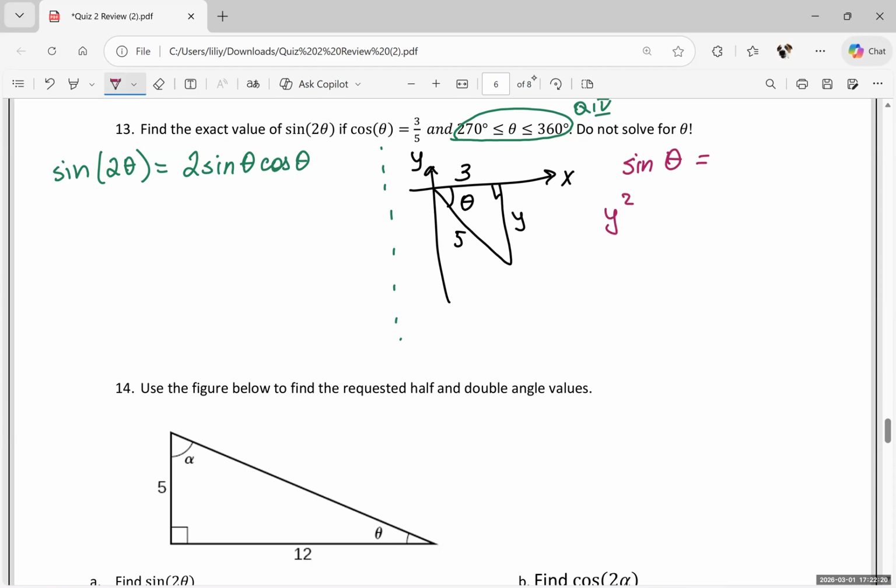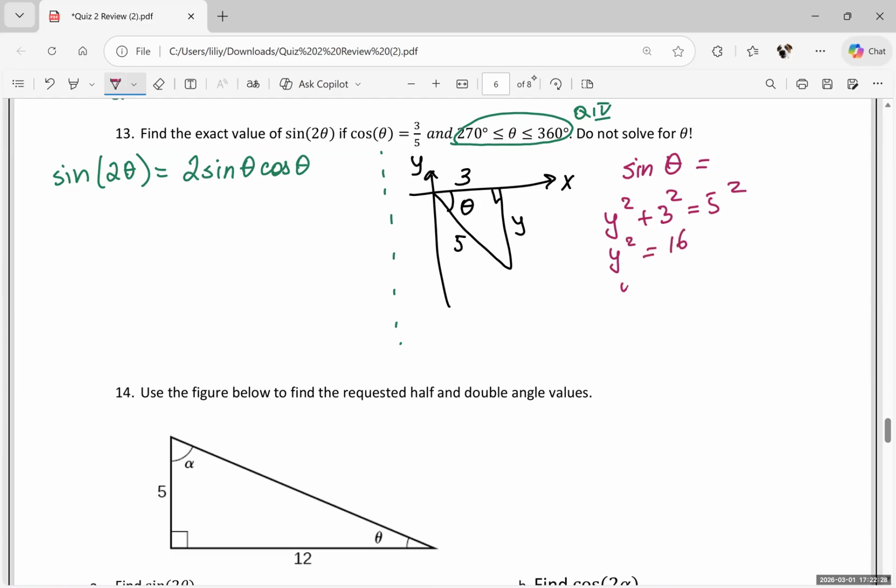So y squared plus 3 squared equals 5 squared. Y squared equals 25 minus 9, so 16. Y is the square root of 16, or 4. Sine is opposite, which is y, and it's just 4 over 5. You need a negative sign since we're in quadrant 4.